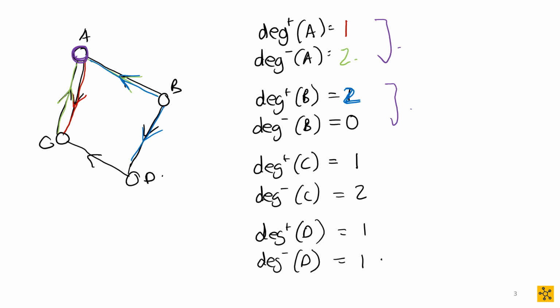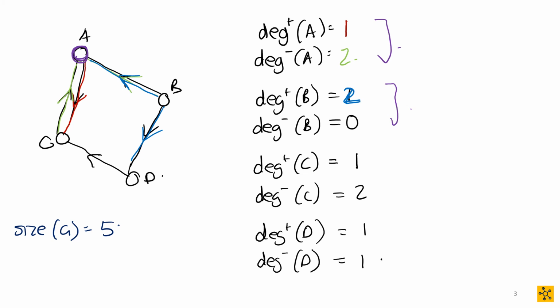So does the 2 actually exist there, and what's going on? Let's look at this one as an example. What is the size of this graph? The size of G is 1, 2, 3, 4, 5, so 5.